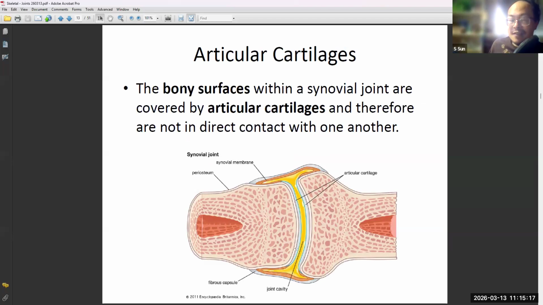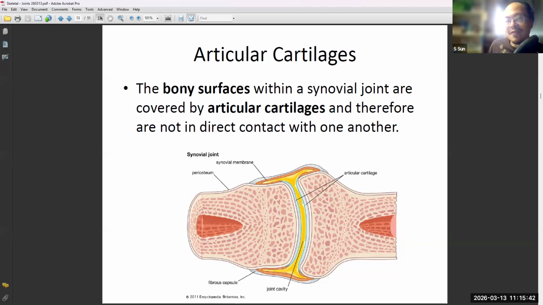When you move it, you allow this fluid to flow, and when it flows, it transports nutrients to your joint. So when we sit the whole day, it's not good for our joints. They will degenerate, they will decay.